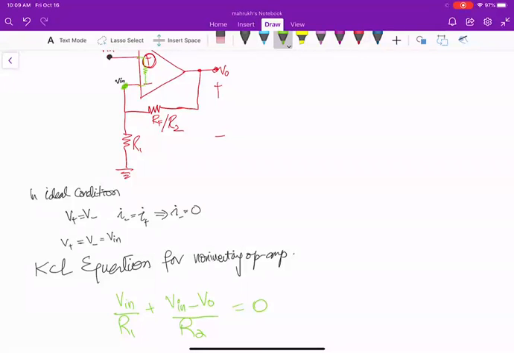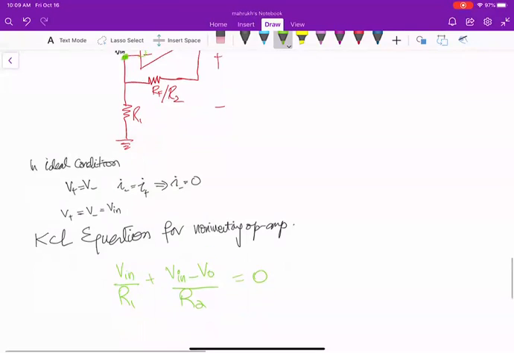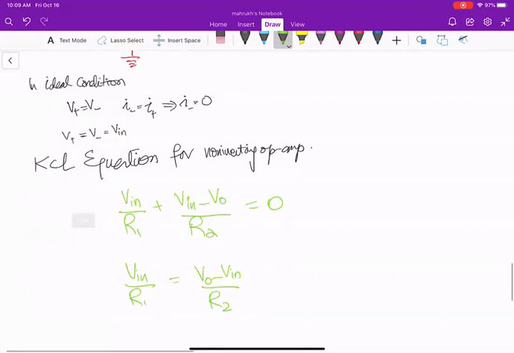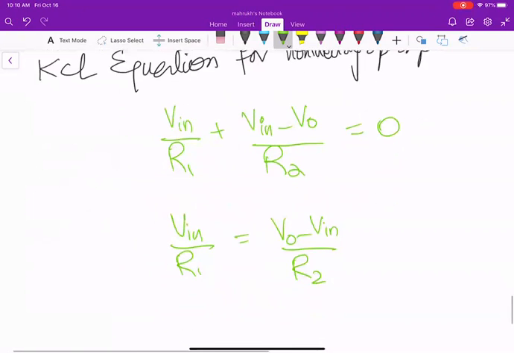I write the KCL equation here. And then in most cases in op amps, we want to know V naught over V in.